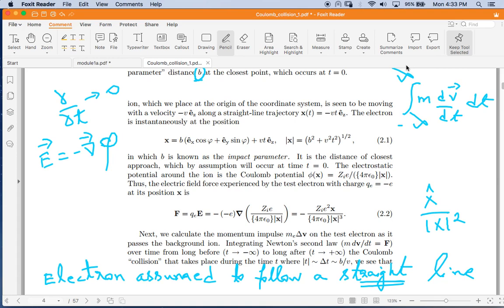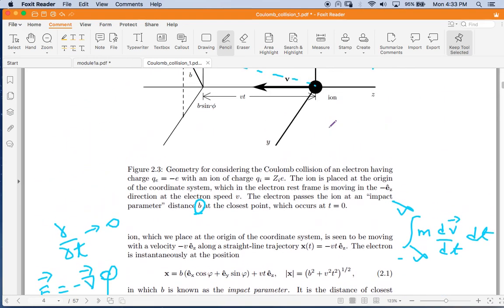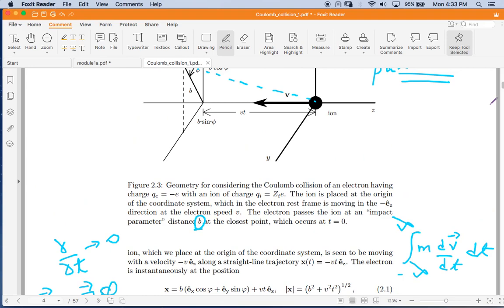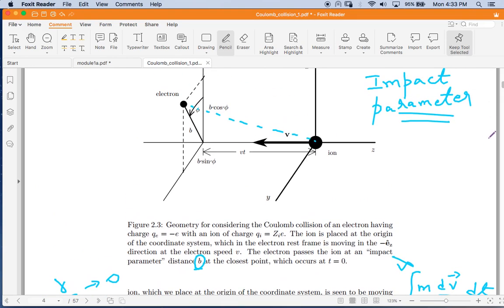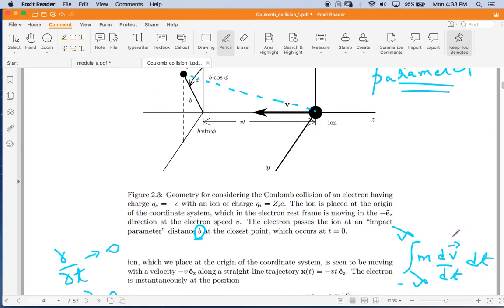In other words, let the ion go from very far away from the electron, where it practically has no influence on the electron, to close by, where it has the maximum influence, and then zips past and goes very far away on the other side. So you integrate all the way from here to here in order to get the impulse. This guy we are after. So this will give you m delta v. This is what we're interested in. Why, we will see in a minute.